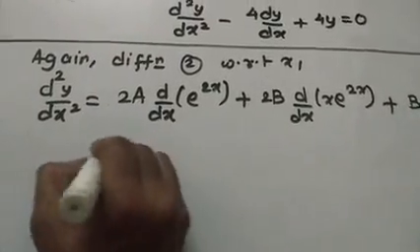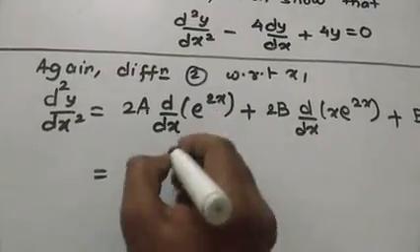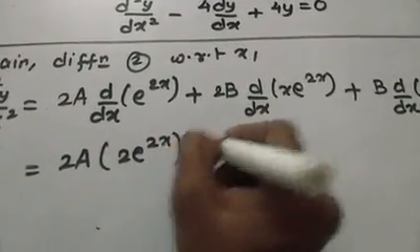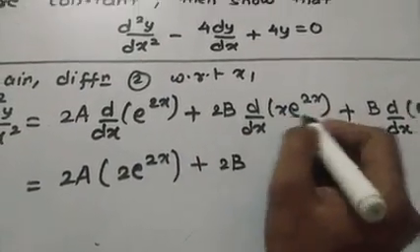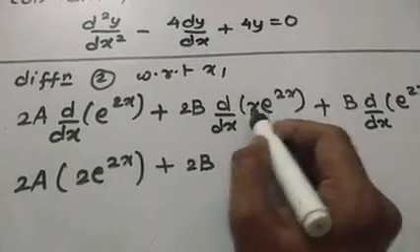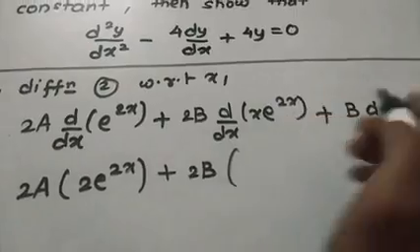Now 2a times the derivative of e to the power 2x, that is 2 e to the power 2x, then 2b. Now again product rule. You will do that. I am just writing the result directly. You will solve this.